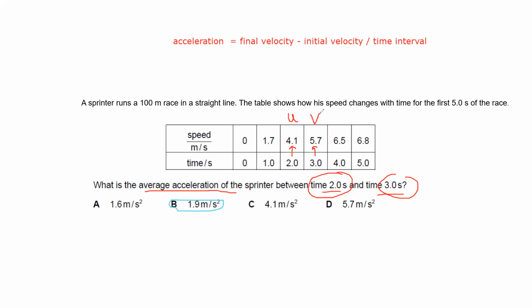That is v. And what about the time interval? Yeah, there are two times, but we take a time interval, like time between. So from 2 seconds to 3 seconds, what is the time interval? We take a difference in the time because we take a time interval. So final velocity is 5.7.